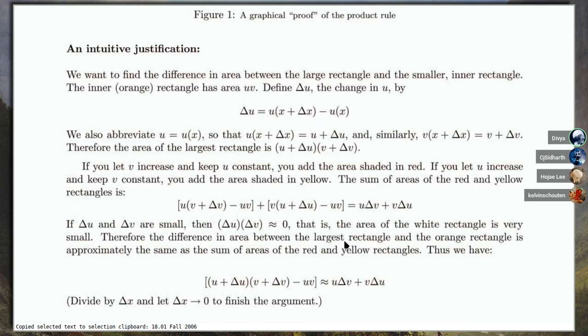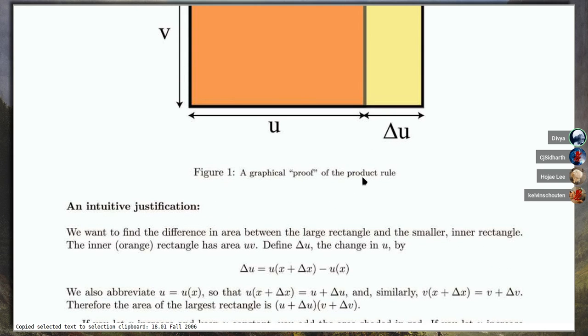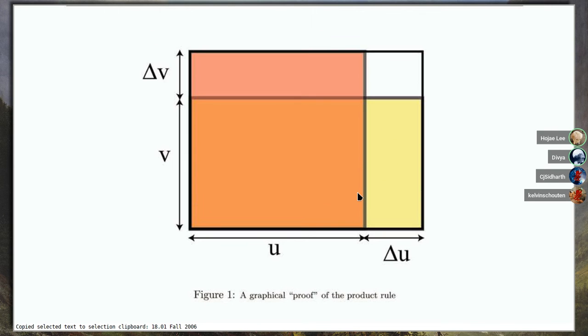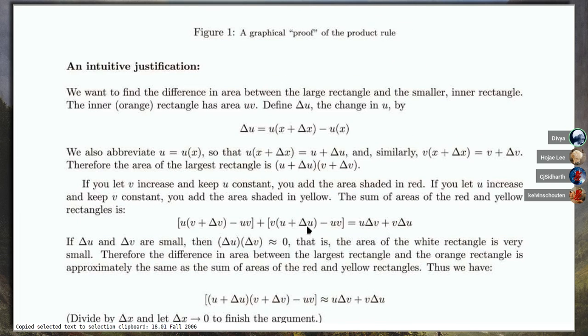Yeah, I would think of these deltas as infinitesimals. When you do integrals, it's a very, very infinitesimal increment, which, if it's small enough, can be just approximated to 0.